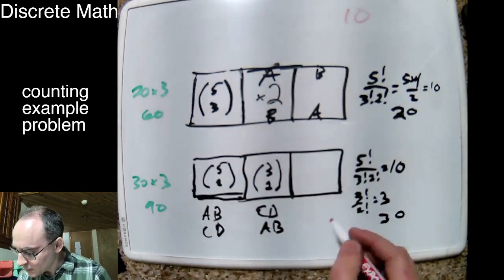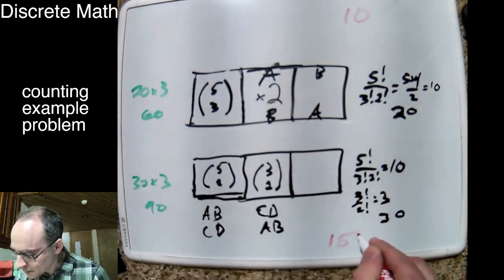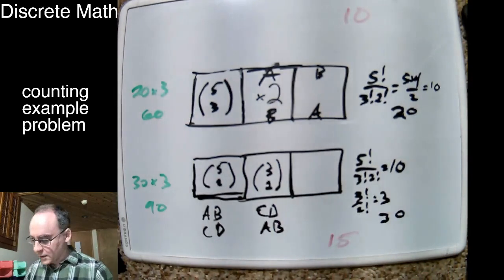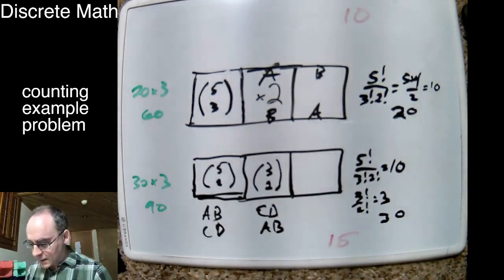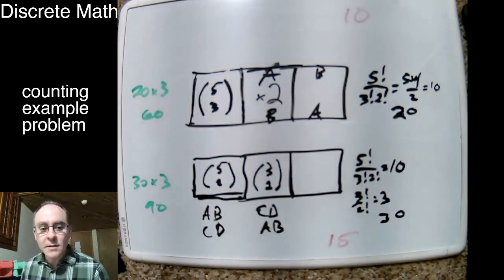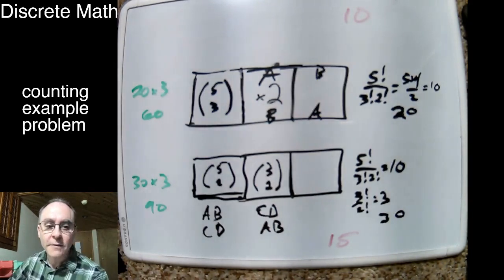So here, I have 30 divided by 2. I just have 15 if the boxes are not labeled. And so then putting those two together, when the balls are labeled and the boxes are not labeled, I have a total of 25 ways of doing that.